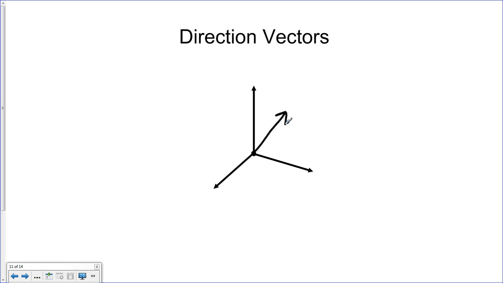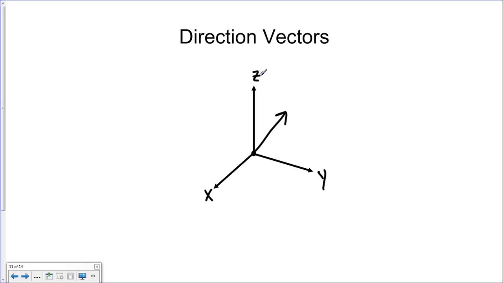Okay, so I'm going to create a box using the x, y, z axes. So this is our x-axis, this is our y-axis, and this is our z-axis. Now I'm going to try to draw a box here to help you visualize that this vector is pointing kind of up, out, and to the right.